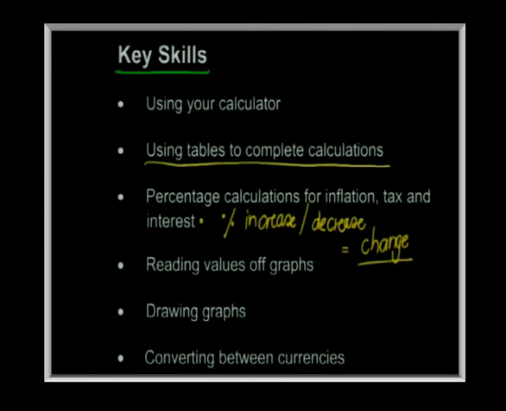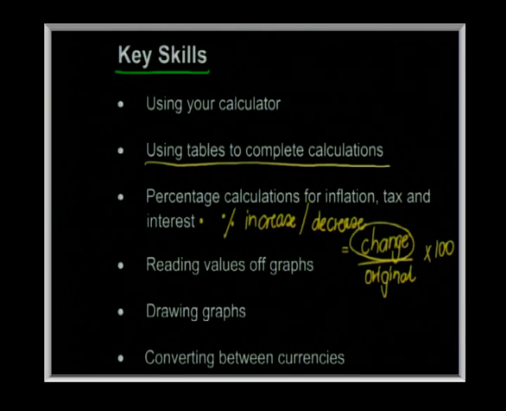If it's decreasing, you take away those over the original. So it's the one you started with, and you times it by 100. So if it was percentage increase, that would be the increase. If it was percentage decrease, that would be the decrease. If it's inflation, you're going to find that it's how much it's gone up by. So it actually is a percentage increase.